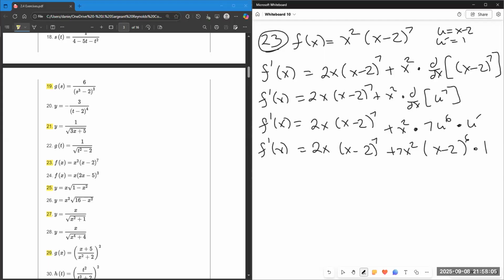I see f prime of x equal to, I have a common factor of x times x minus 2 to the 6th.